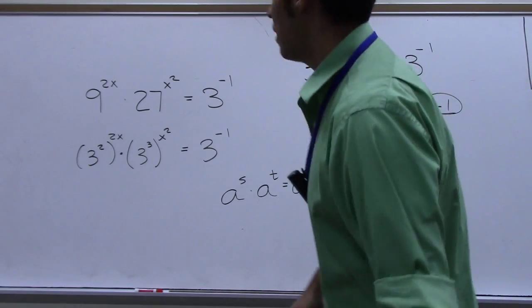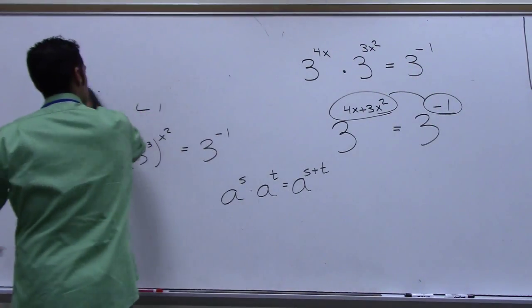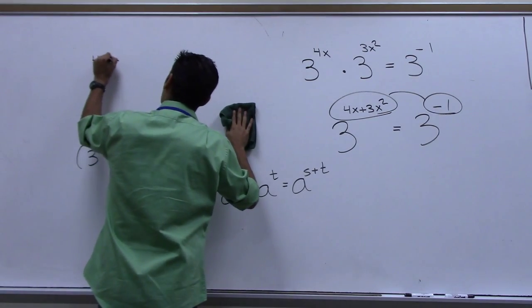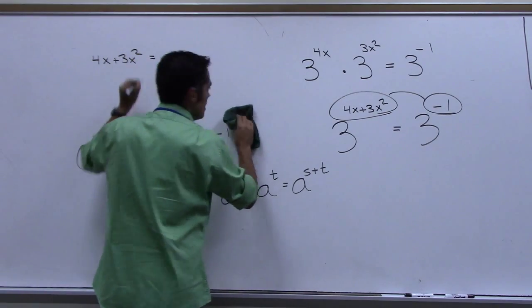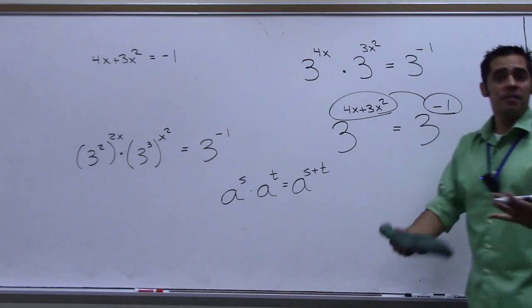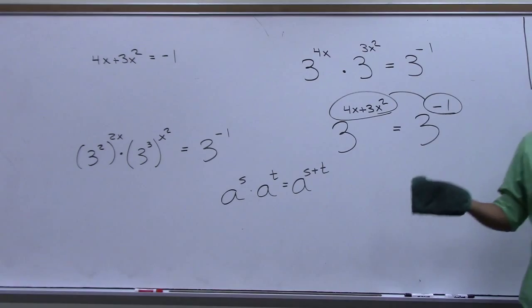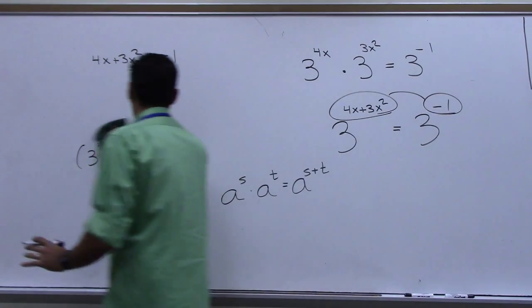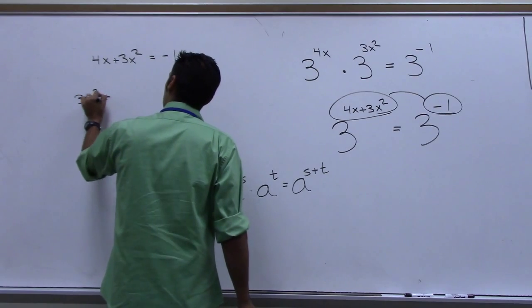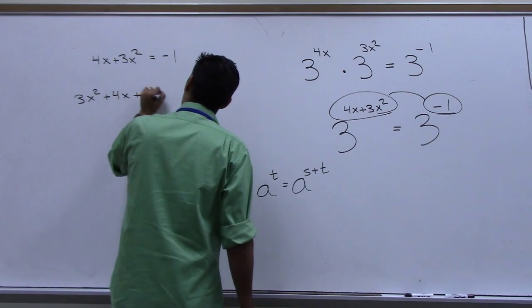And that's a quadratic equation once I write it down. So I'm going to write down 4x plus 3x squared. That needs to be equal to the other side, which is negative 1. And we recognize that's a quadratic equation. We move everything to one side, and we do whatever we need to do. So 3x squared plus 4x plus 1 equals 0.